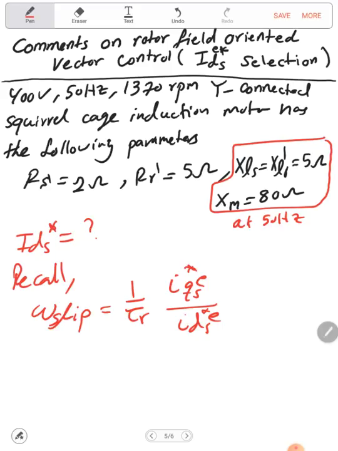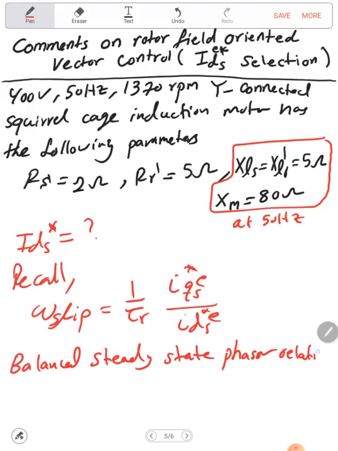So where does the second equation come from? Do you remember the balanced steady state phasor relation? From the balanced steady state phasor relation, we get that square root of 2 IS as a phasor equals IQSE minus j IDSE.